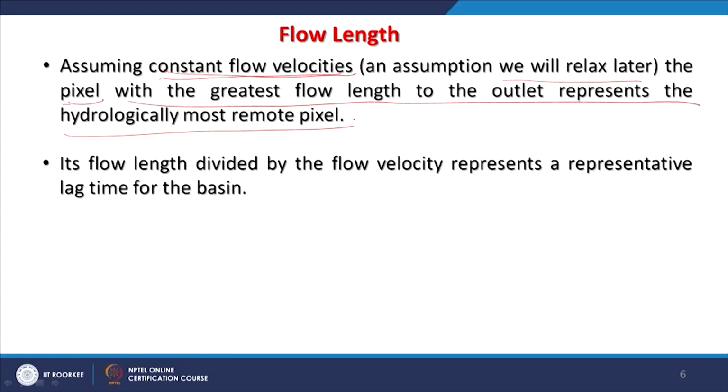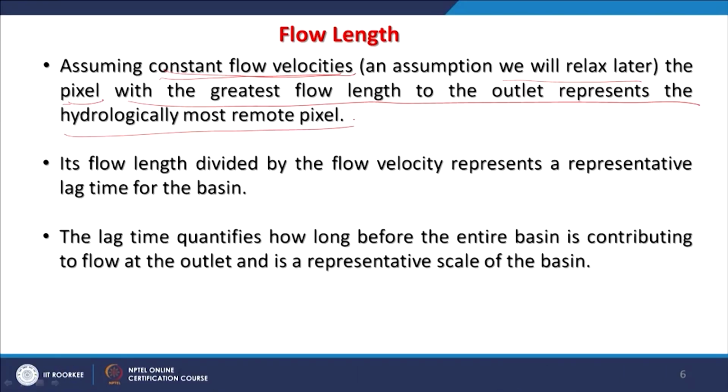Flow length divided by the flow velocity represents a representative lag time for the basin, and the lag time quantifies how long before the entire basin is contributing to the flow, because each drop of water will not reach the outlet at the same time. So there will be some lag time, and that too can be calculated using flow length.